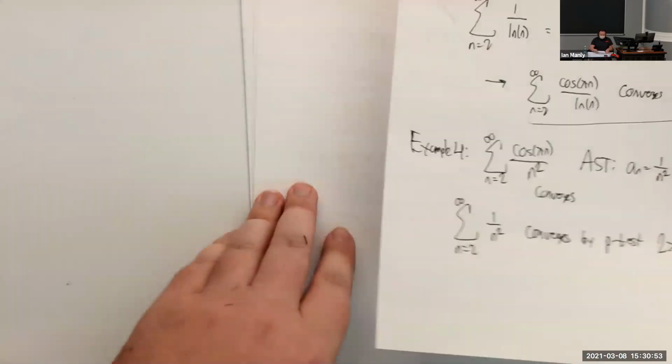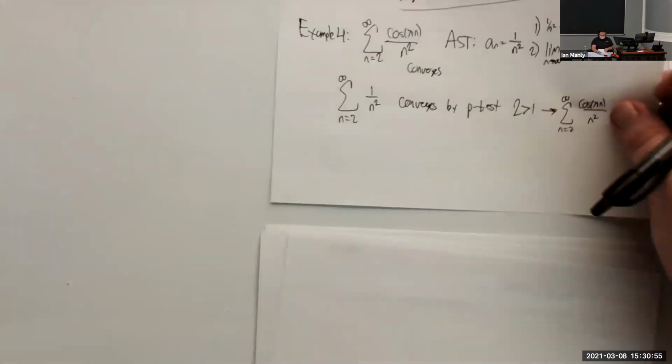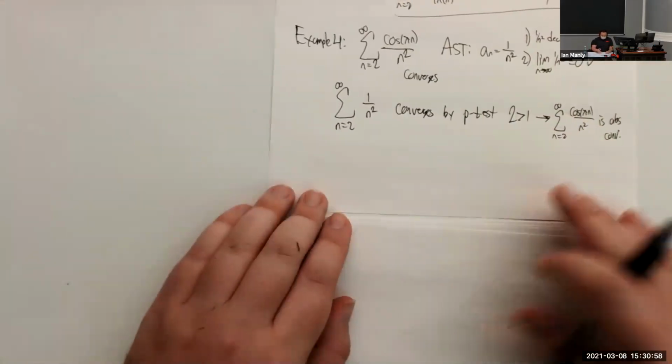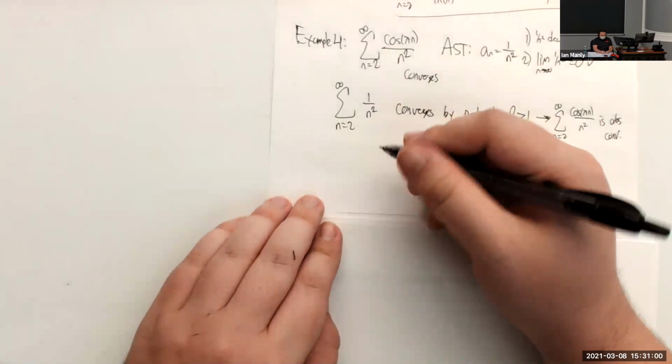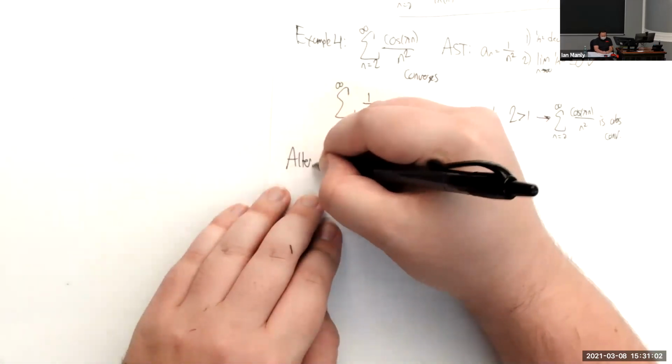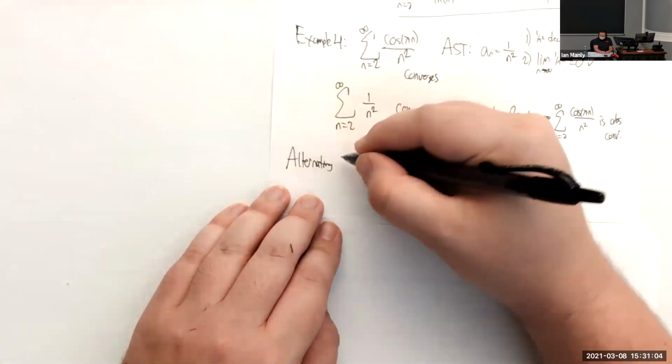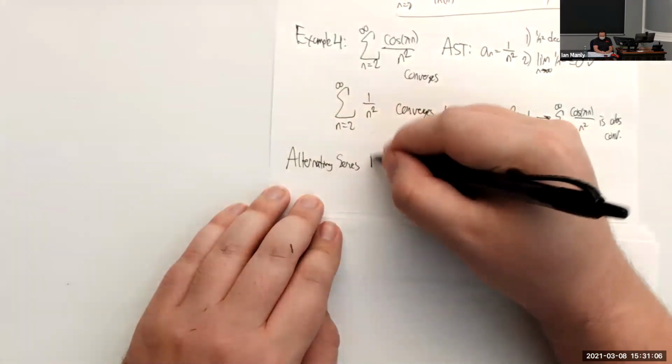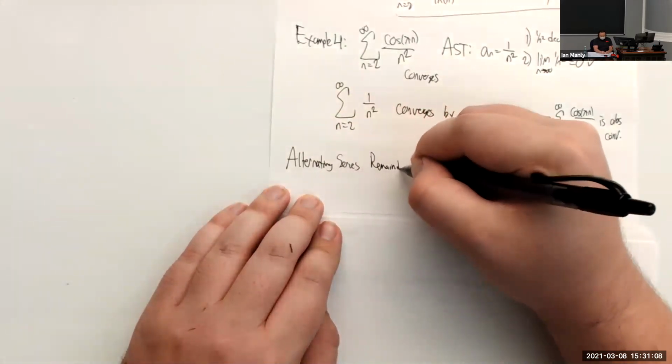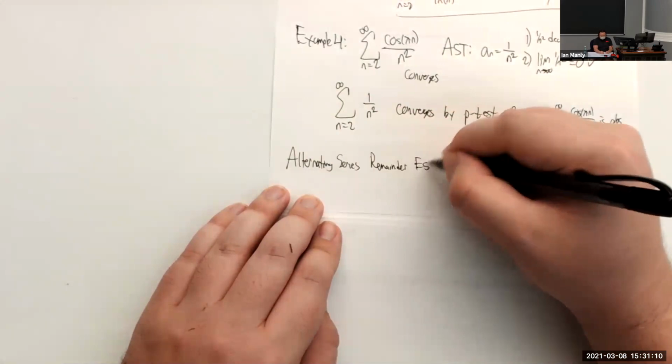We can't get exact answers very easily, but we can get approximations. So what I'm going to talk about next is called the alternating series remainder estimate.